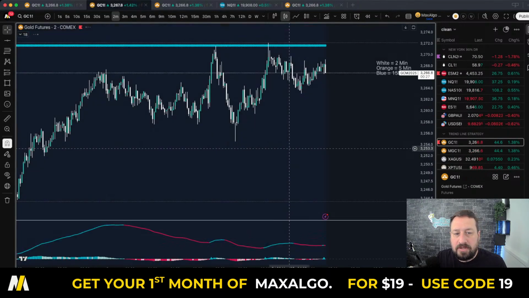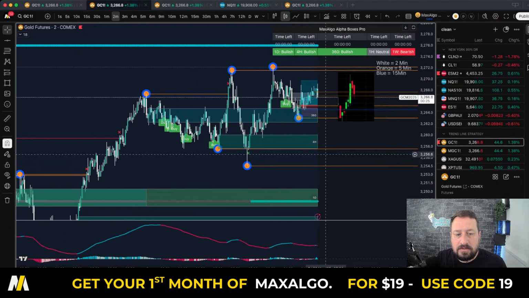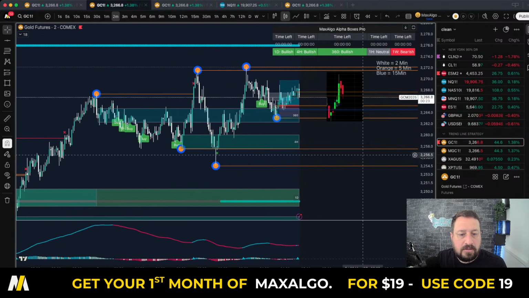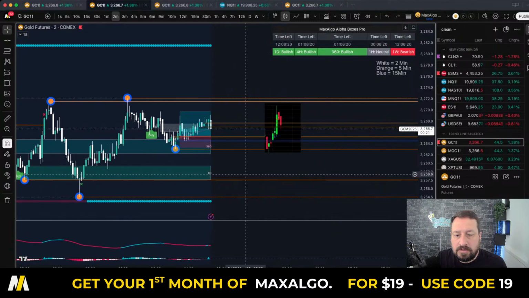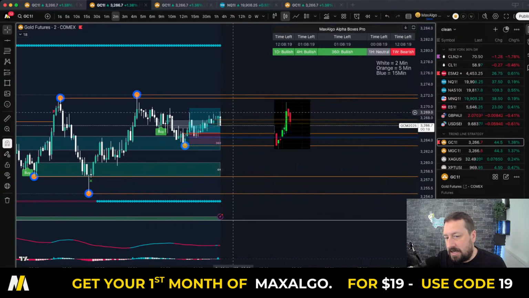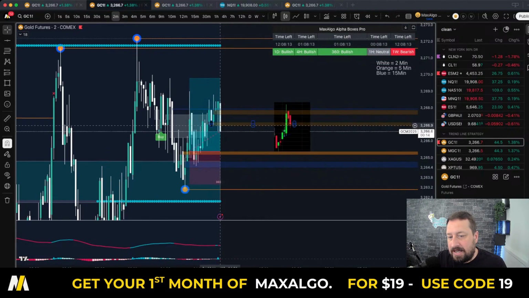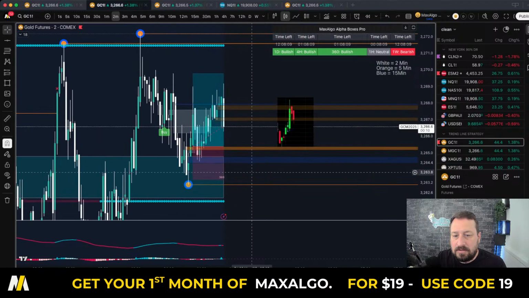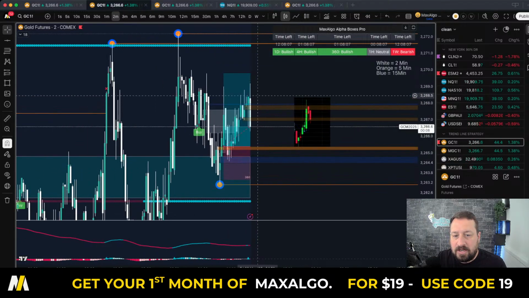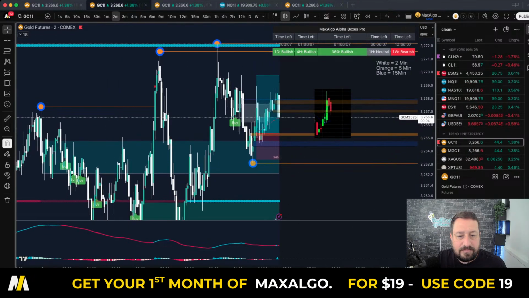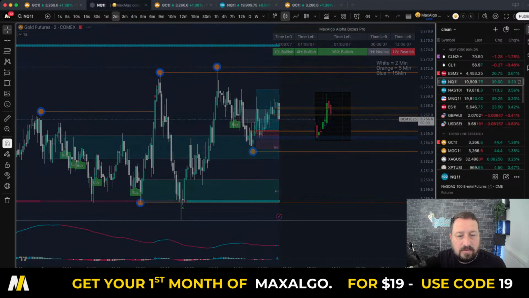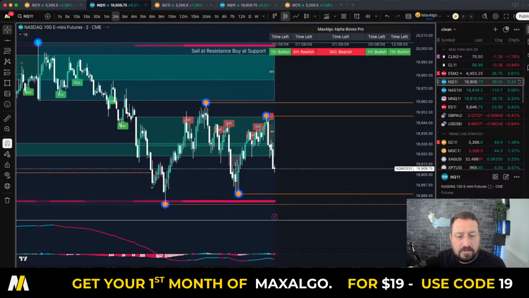NQ and gold are probably the messiest. So just losing all those levels. We've just taken that high we put in and closed below. And then these VIBs that we had, we can see we're now closing under them. So we've just pushed price, swept, dropped. Does that mean NQ is going as well?